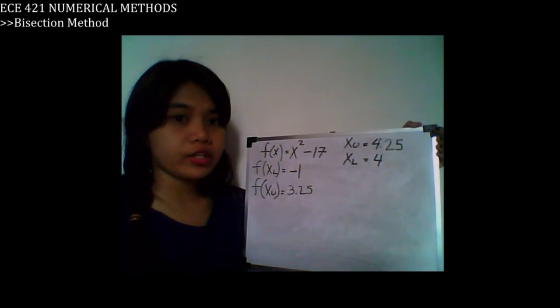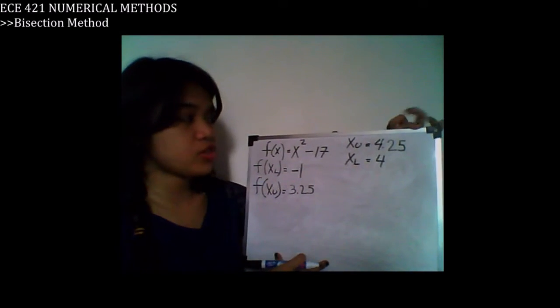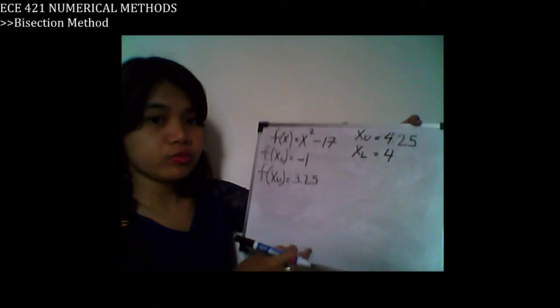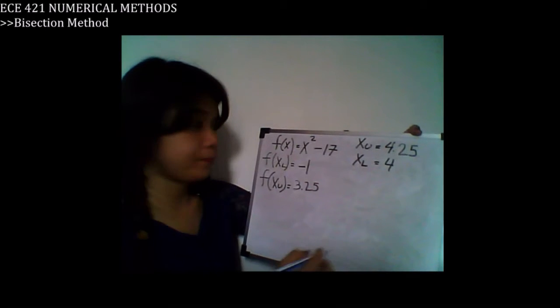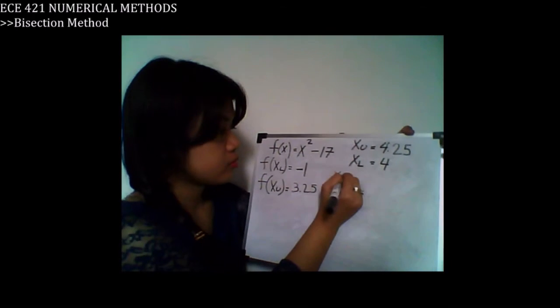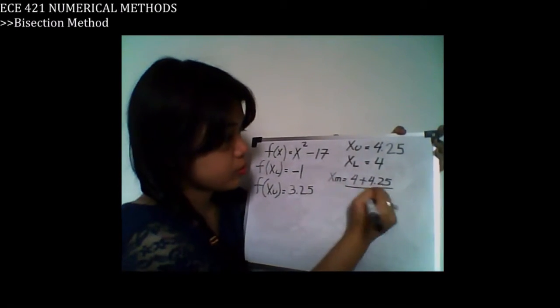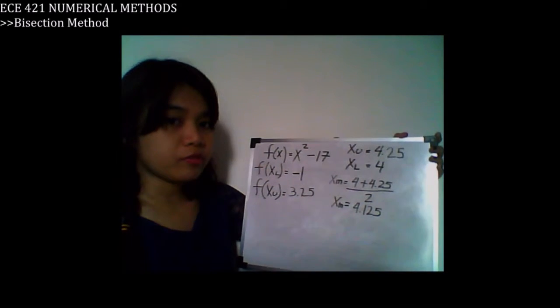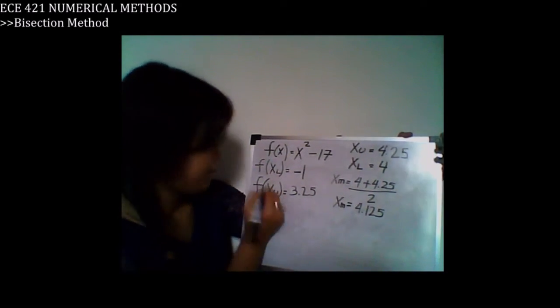For a second iteration, we have here the value of xu and the value of xl. We need to compute for the new value of xm. Now let's get the value of function xm.